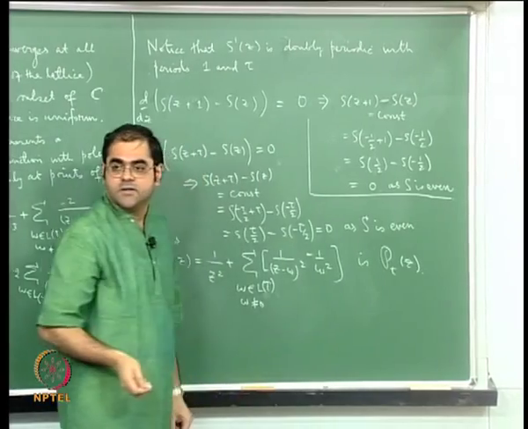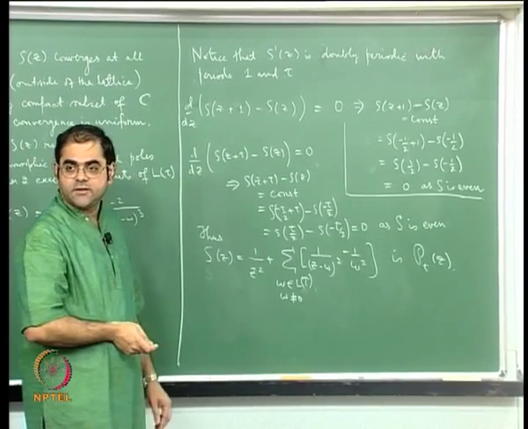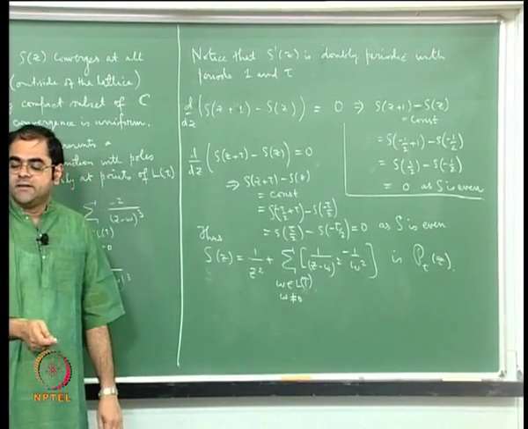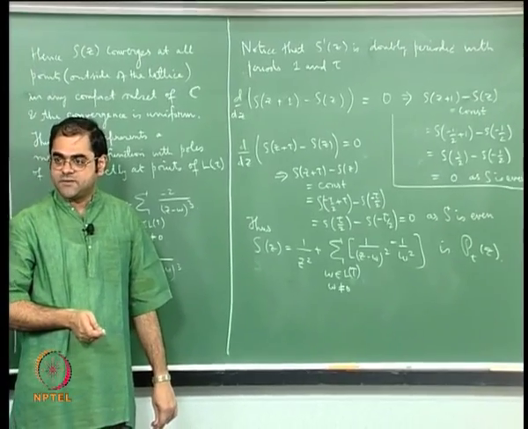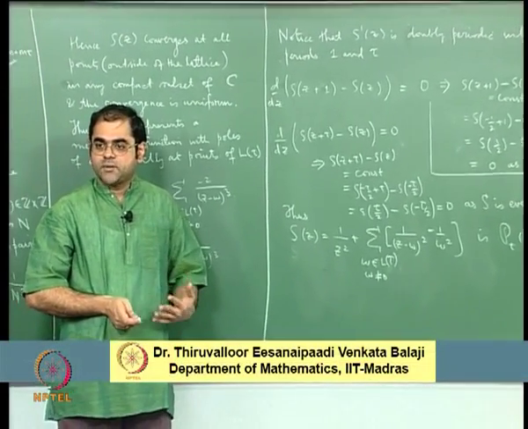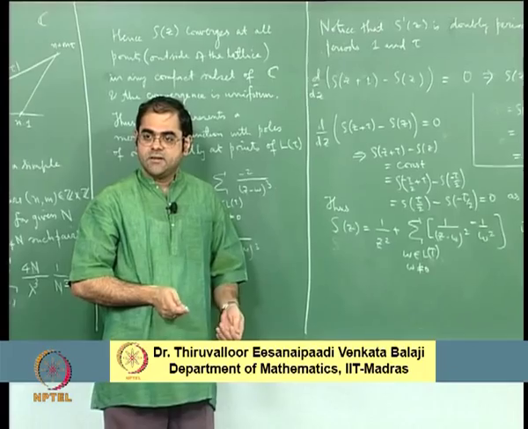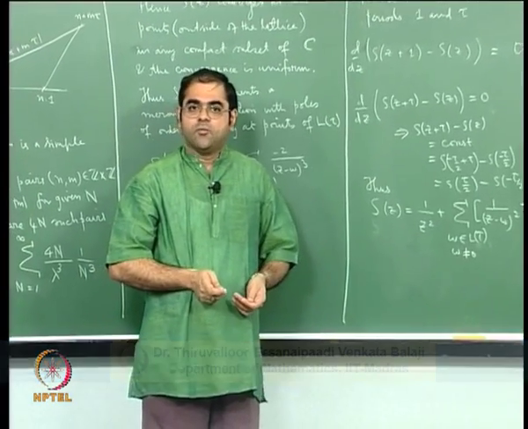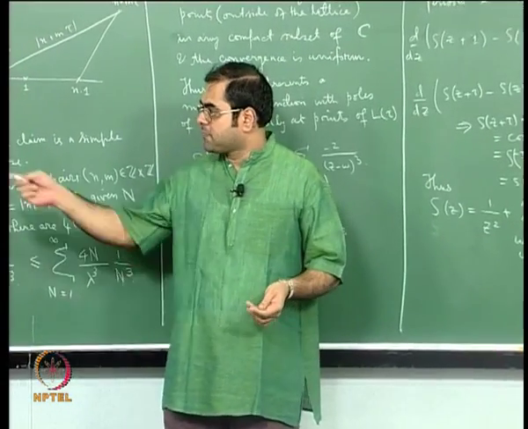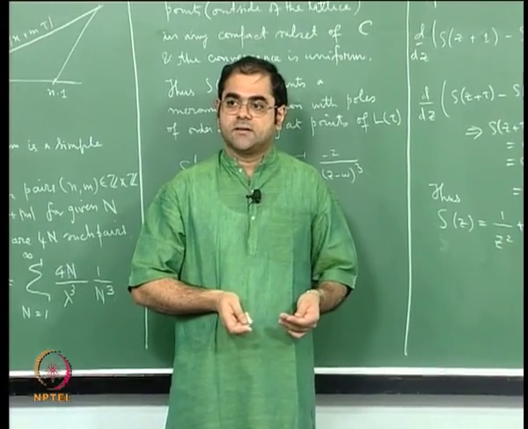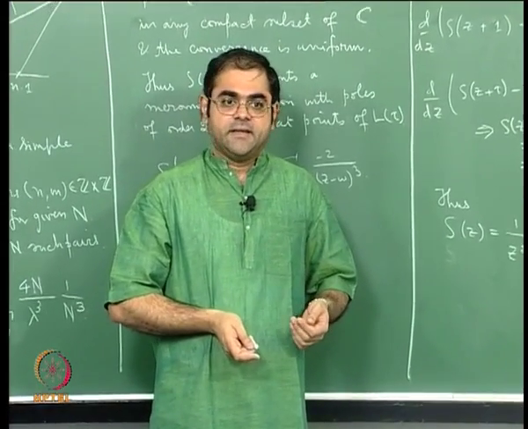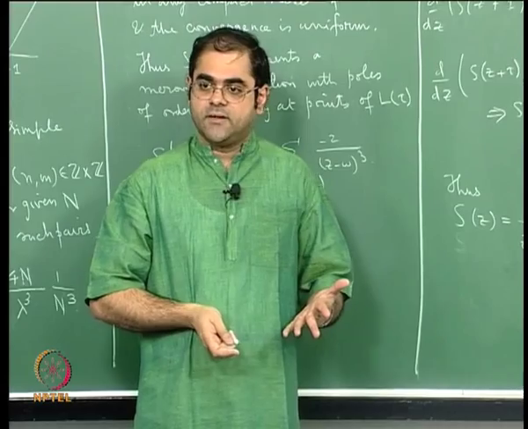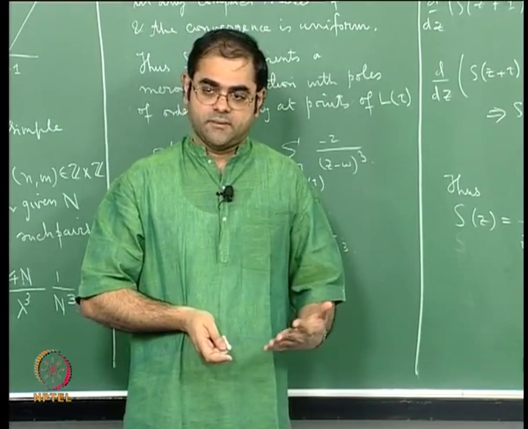So the upshot of all this is that you also have got a nice formula for the derivative of the Weierstrass Phe function, which is going to be very important for us in the forthcoming lectures, because that's going to tell you why any complex torus is actually algebraic. It's going to help us to explain that.